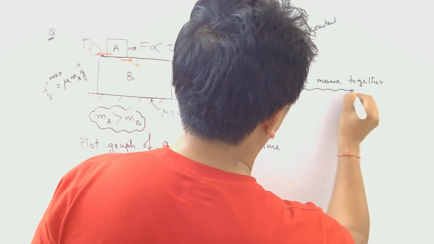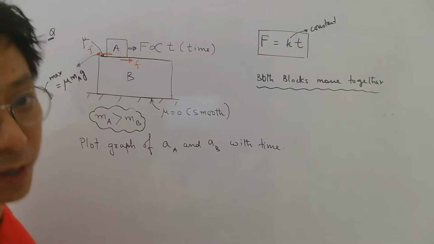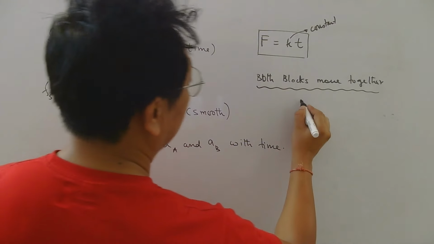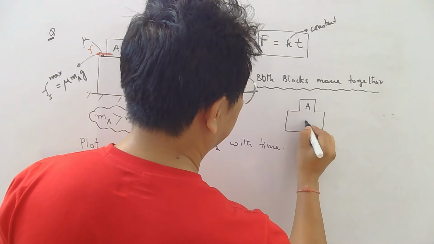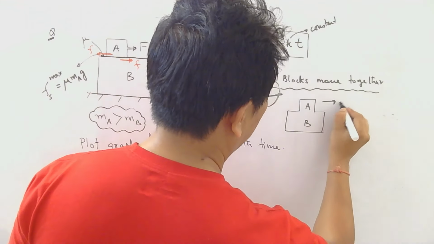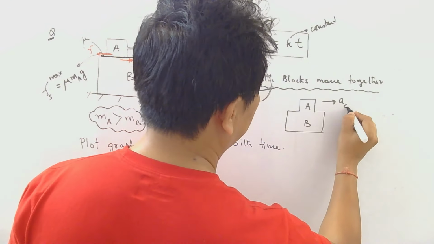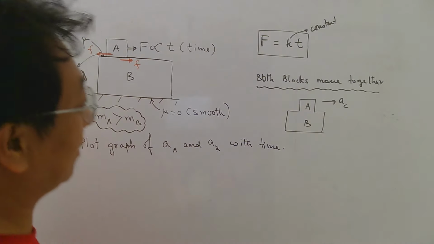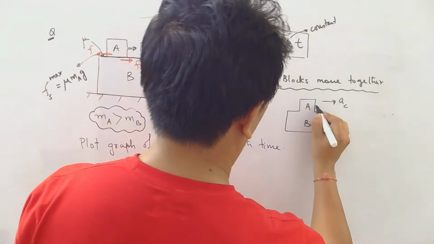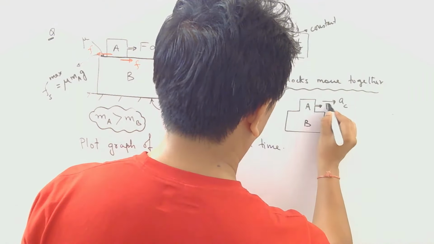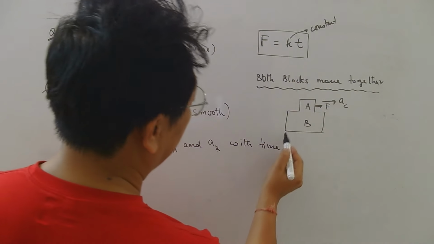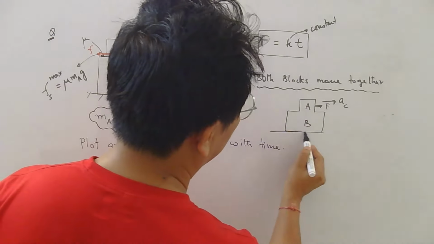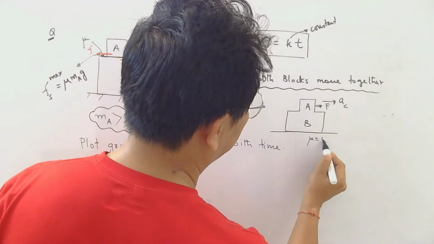If both the blocks move together, their acceleration will be the same. So let me take A and B both as the system, and this is the common acceleration for both of them. A, let me write right now, and the external force here is F. These frictions I will not show, they are internal, and there is no kinetic friction here because this is smooth.